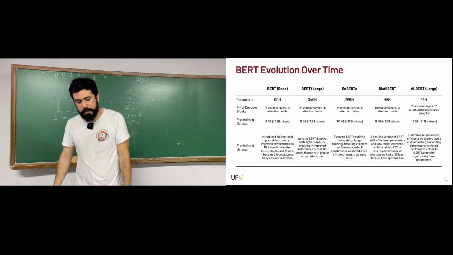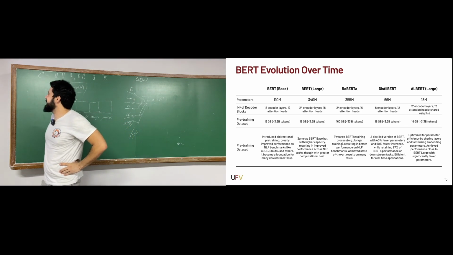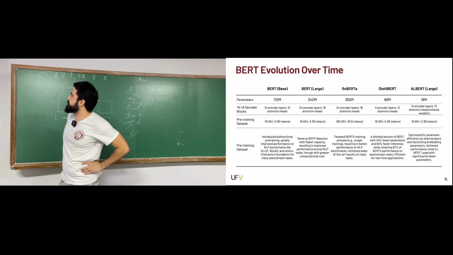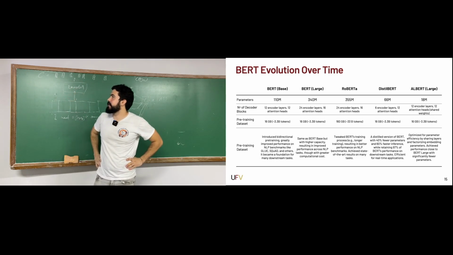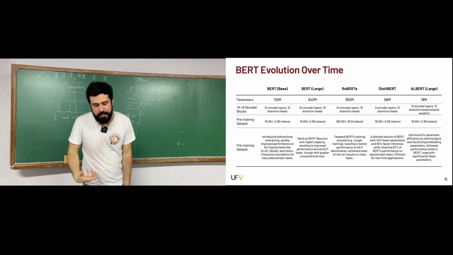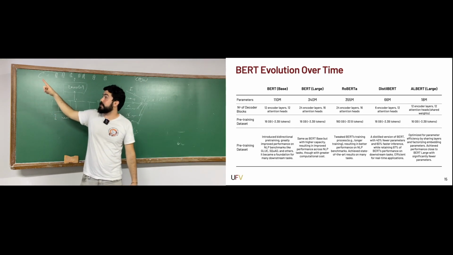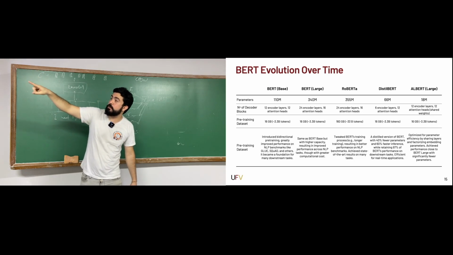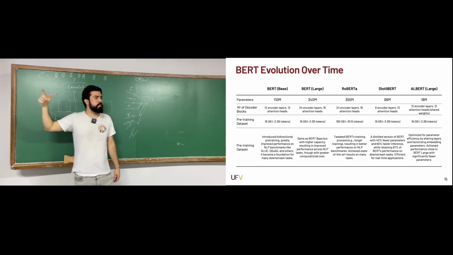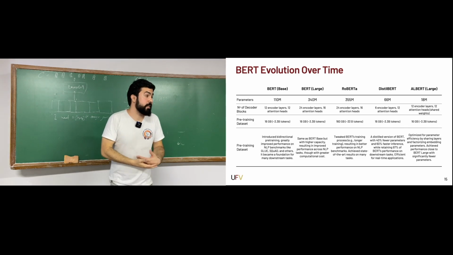And then there was ALBERT. Again, some other optimizations. Here it's more like a technical optimization because you had fewer parameters with the same number of encoder layers and attention heads. They actually shared weights across layers.